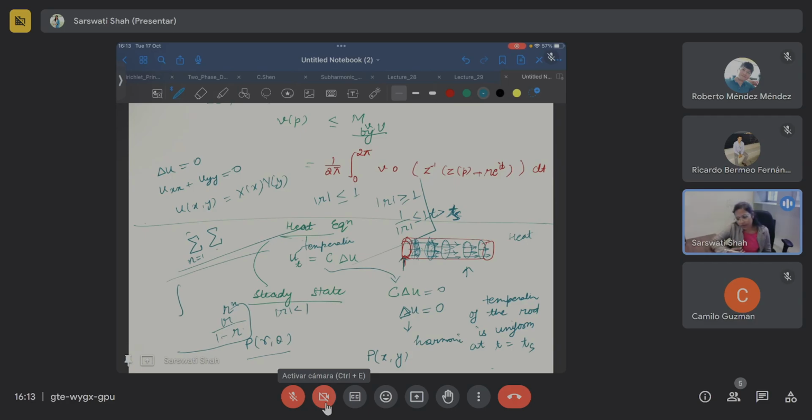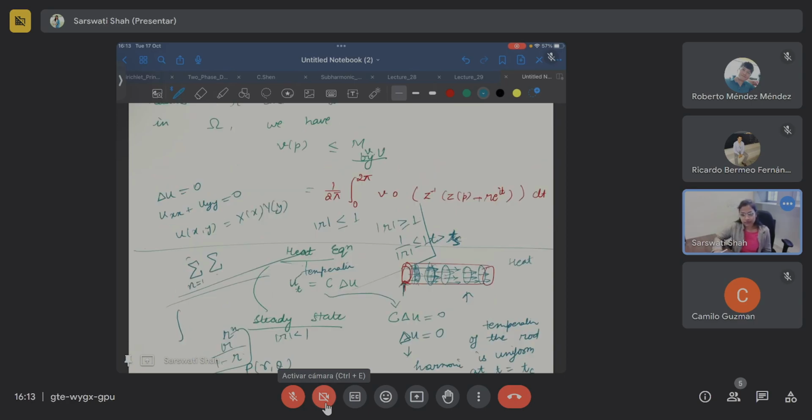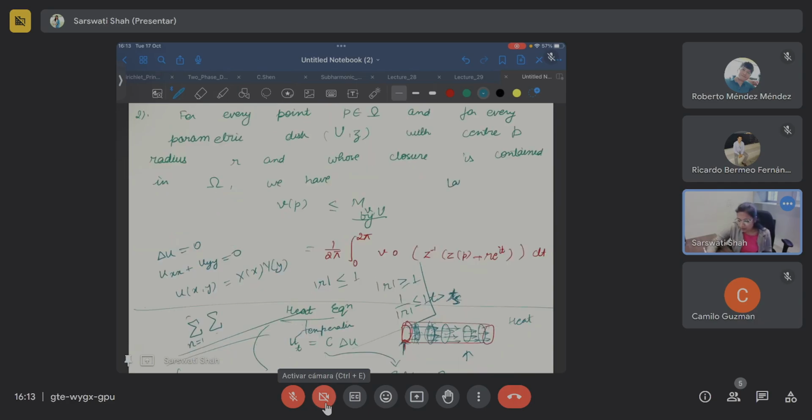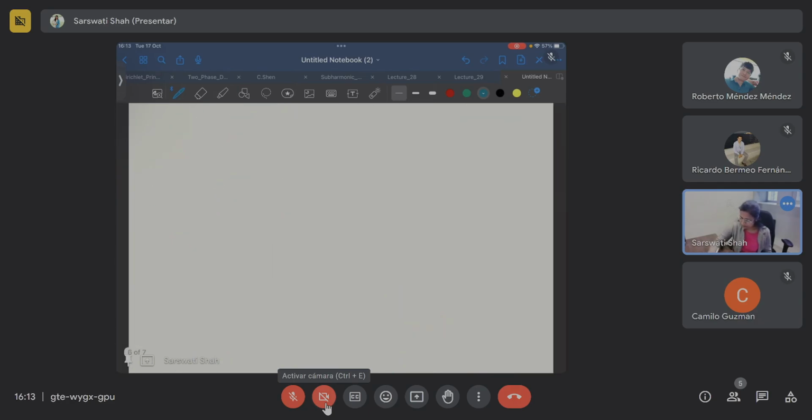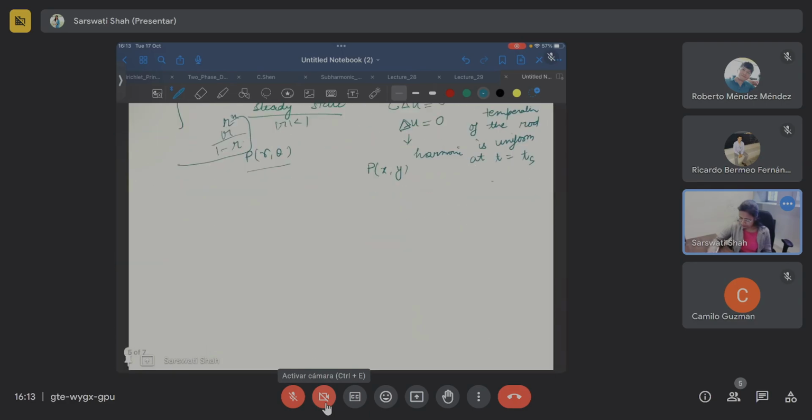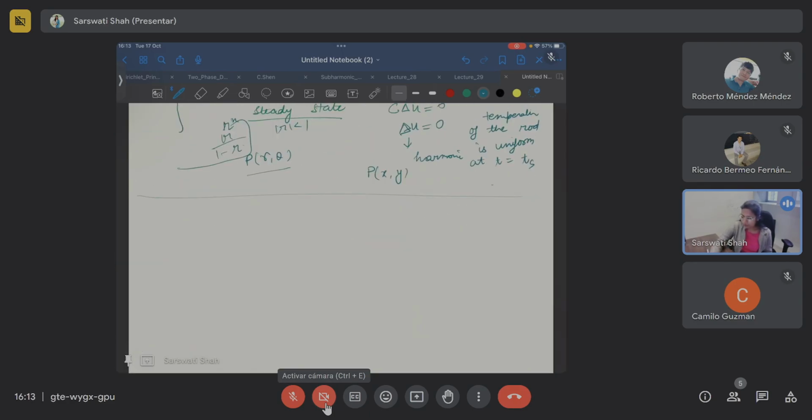can anyone remind me which topic we have covered in the Laplacian equation? Do you guys remember? Let me write. In the Laplacian, we have studied the derivation of the Laplace equation, from where it arises.